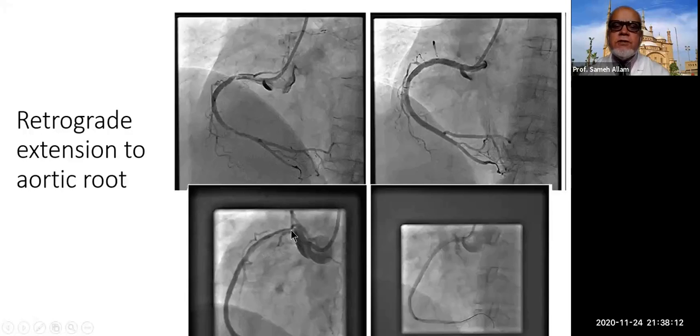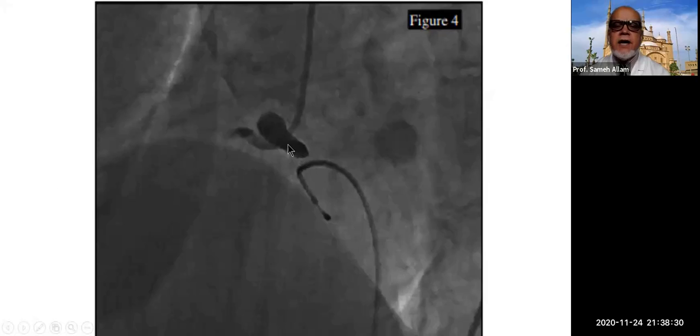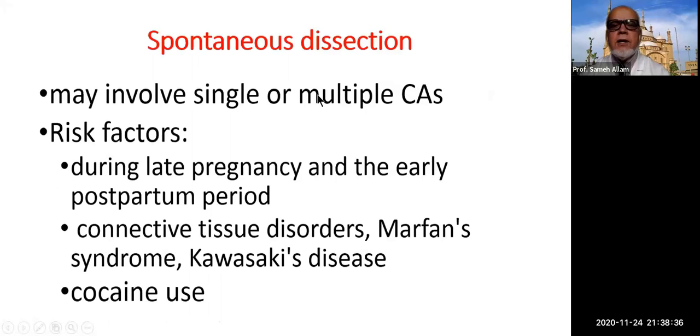In this patient, the dissection in the ostium of the right coronary artery extends mainly retrogradely and involves the right coronary sinus and the aortic root. After stenting, there is still dye in the aortic root, and this is again dissection with retention of the dye in the aortic root and the ostium of the right coronary sinus.